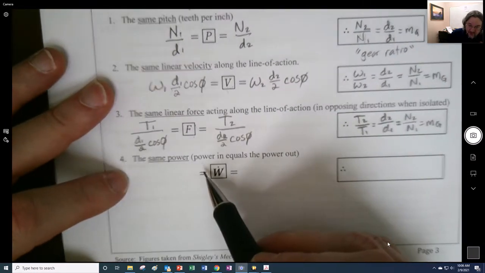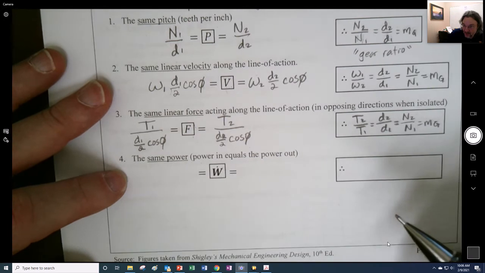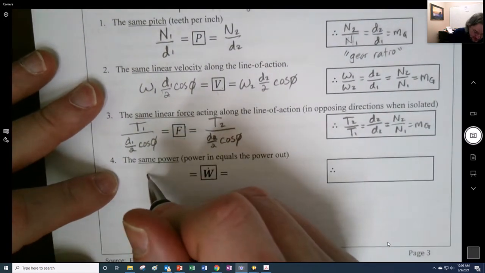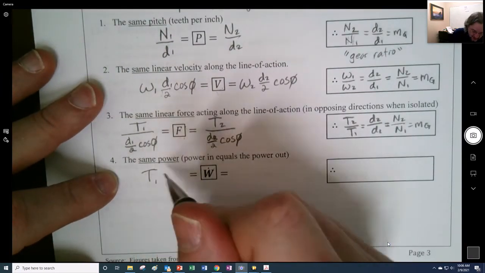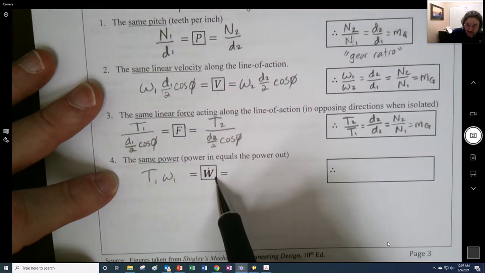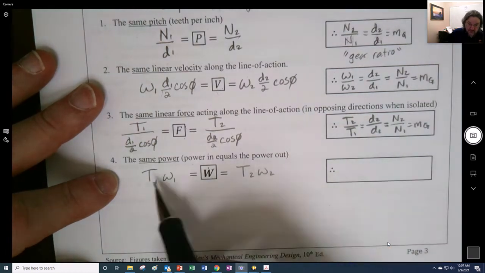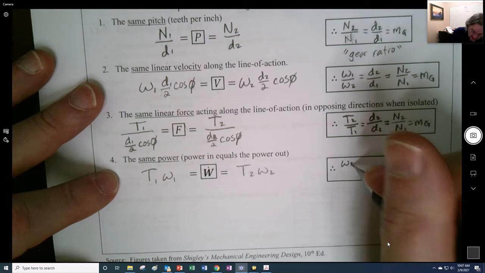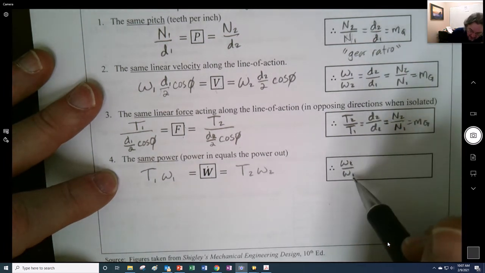And then we could also confirm that with conservation of energy and conservation of power here, or the rate of energy, right? So let's put these in simple terms right here. If we just have torque times RPM gives us power, therefore torque times RPM also gives us power. So you see you have the inverse relationship, arranging these, so you have the speed ratio right here, right?